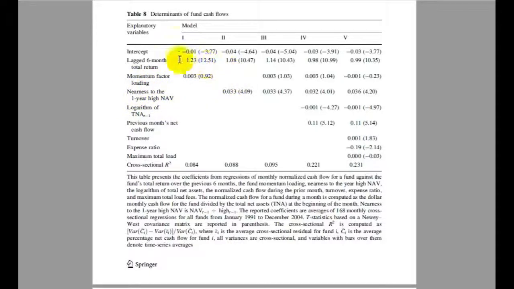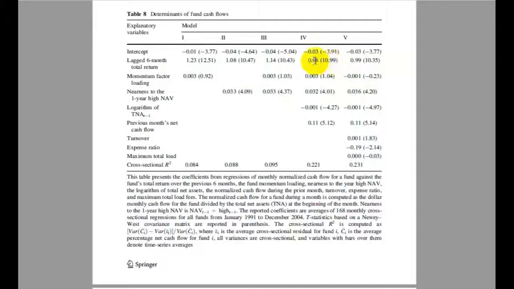And so we see here that the past 6-month return of the mutual fund is a good predictor of cash flows into the fund from investors, and also the nearness to the 52-week high, because we have significant t-statistics here for each of these. However, the momentum factor loading is not a significant predictor of cash flows.